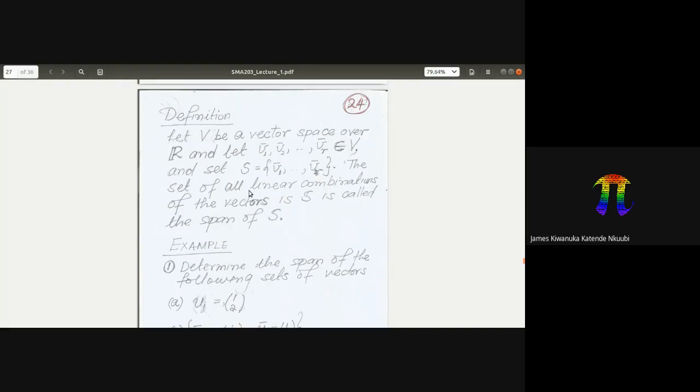Now the set of all the linear combinations of the vectors in S is called the span of S. The span of S simply means you get all the possible linear combinations of the vectors in S.